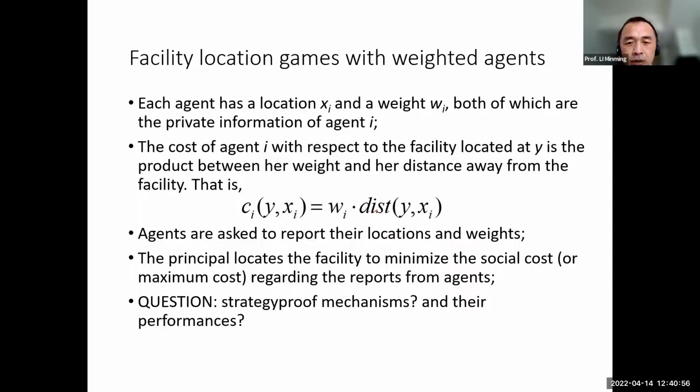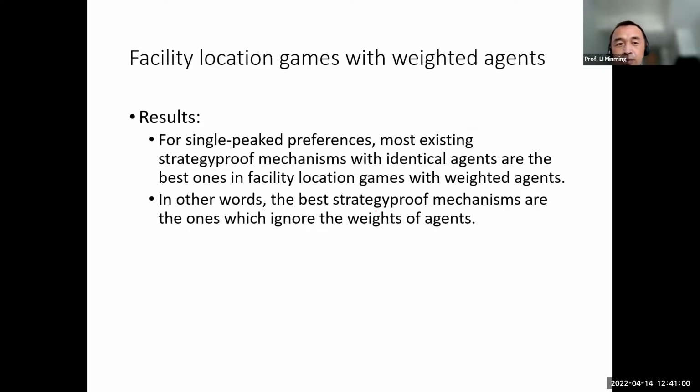Okay, so now, actually, for this version, we have some results. The result is the following. We prove that, well, actually, weights cannot improve the possibility of designing better mechanisms. In other words, the best mechanism when you have weight is to ignore weight. Now, of course, here we assume weight is private information. Agents can cheat about weight.